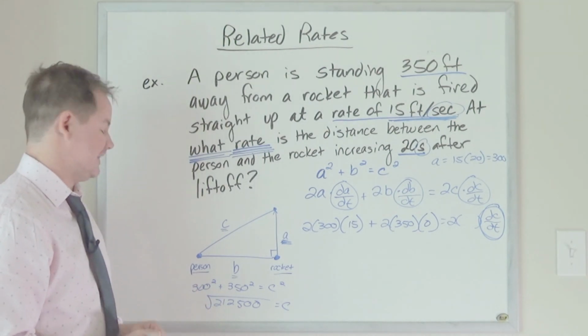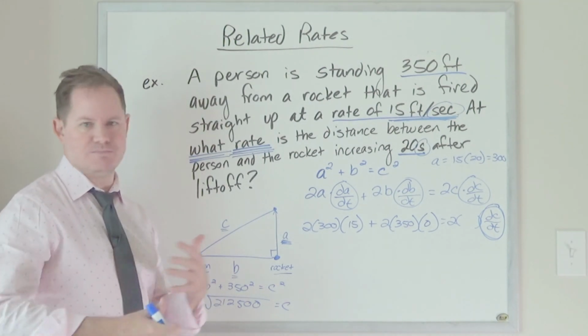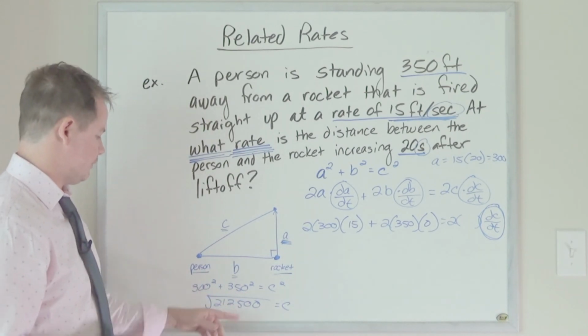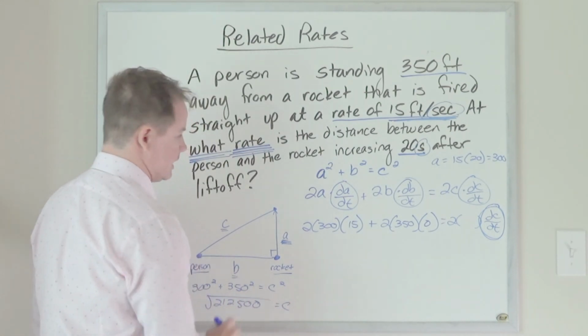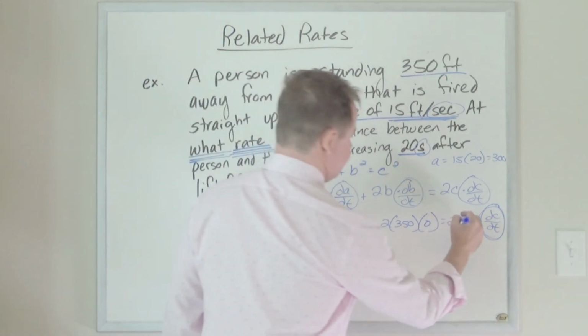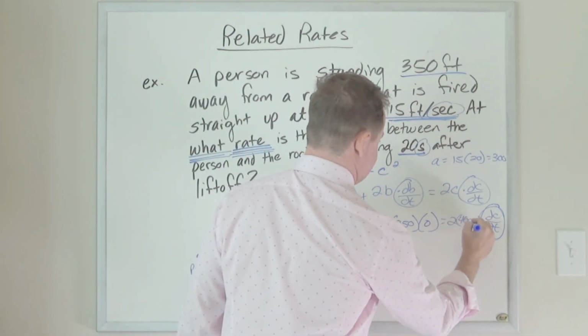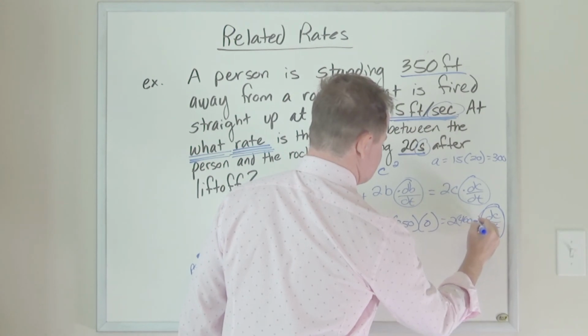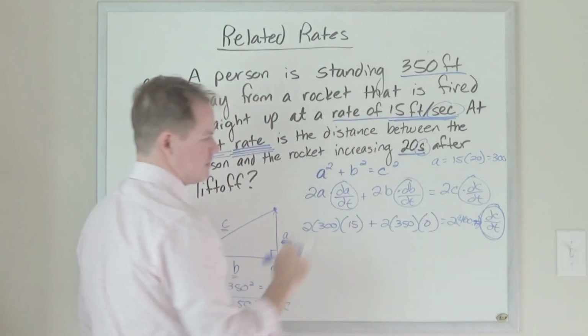I think the exact value is 460.977 and change for c in that case. And that's what we can plug in here.